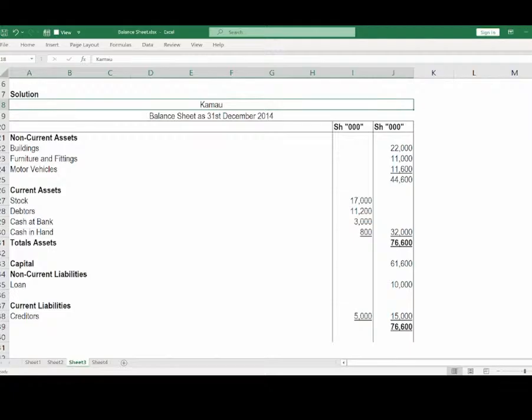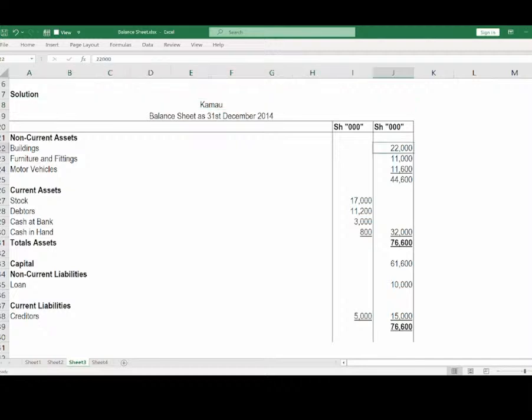So we are going to start with the title, Kamau balance sheet as at 31st December 2014. So you have to have the debit and credit side, or you can talk about the shillings since the amounts are in shillings. So you start with the non-current assets.